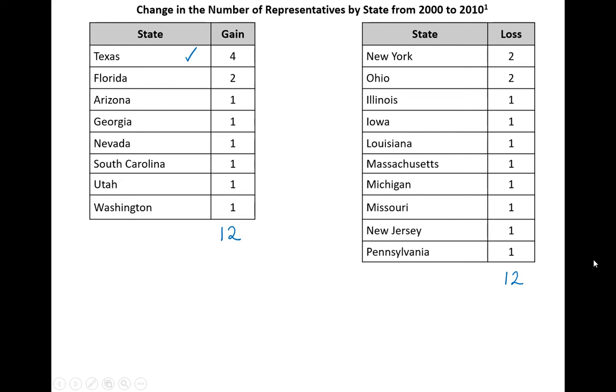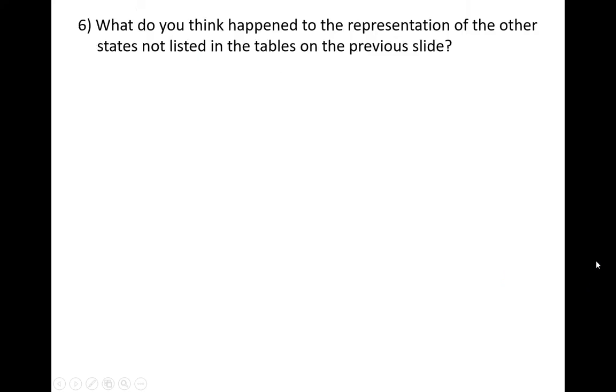What do you think happened to the representation of the other states not listed in the table? Those are going to be the states where they got the same number. Most of the time, you don't lose and you don't gain. You just kind of stay and you get your same share.